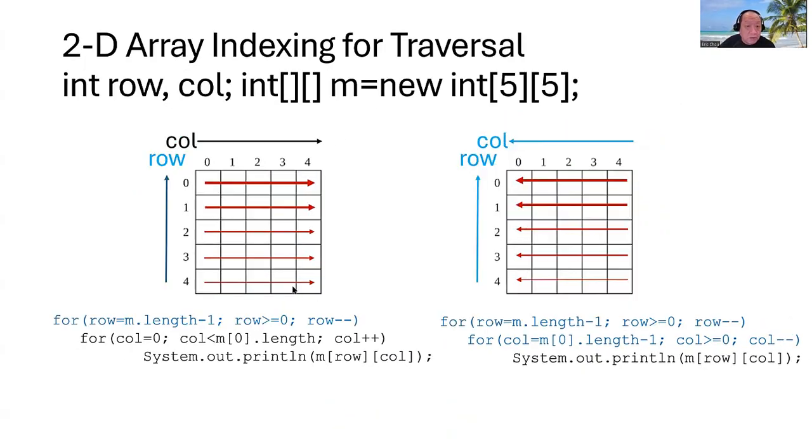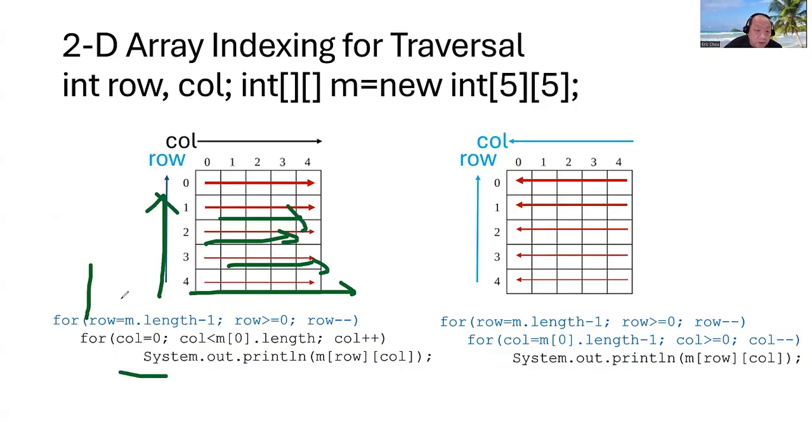Let's continue. This next one is row major, row from big to small, coming from the bottom to the top, and column from big to small. So this one is both from big to small.